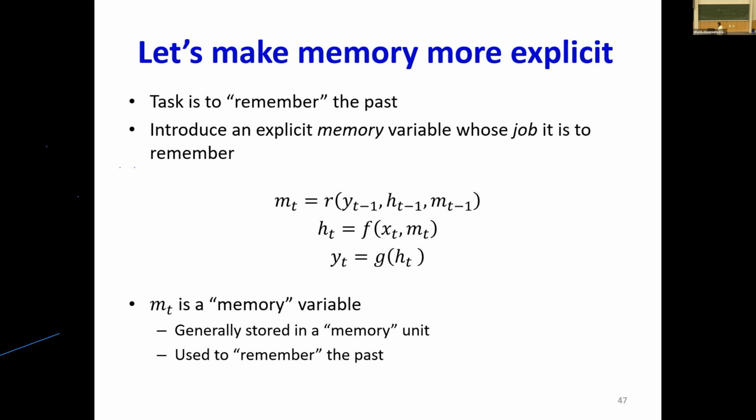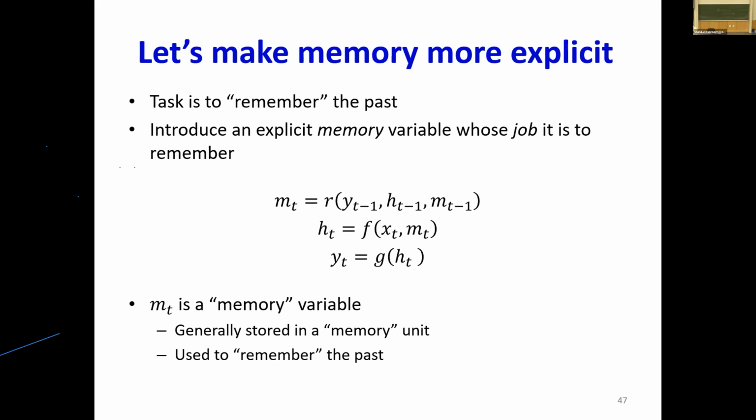The memory M_t is some function of all the variables in the network: the hidden variables H, the previous outputs Y, maybe the current inputs X, and past memory. Clearly, what I remember now must also depend on what I remembered in the past. And now the hidden values in this network are going to be a function of not just the current input, but also what is there in memory.